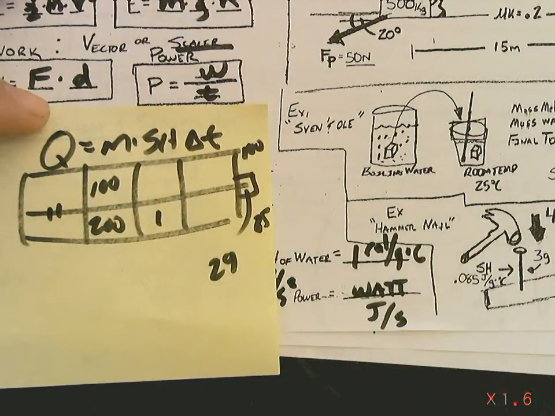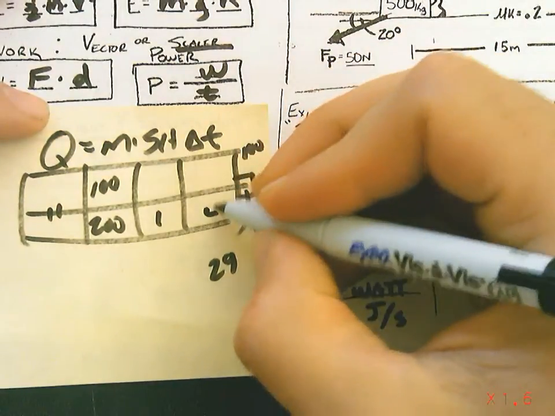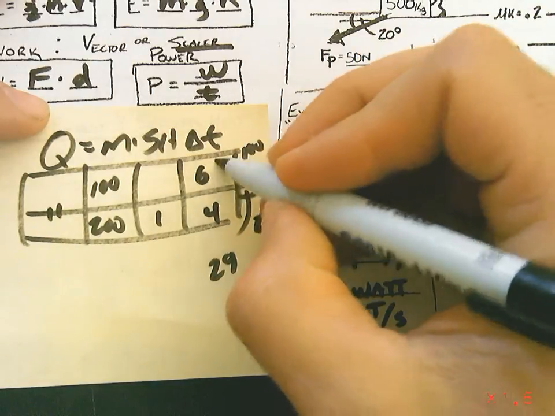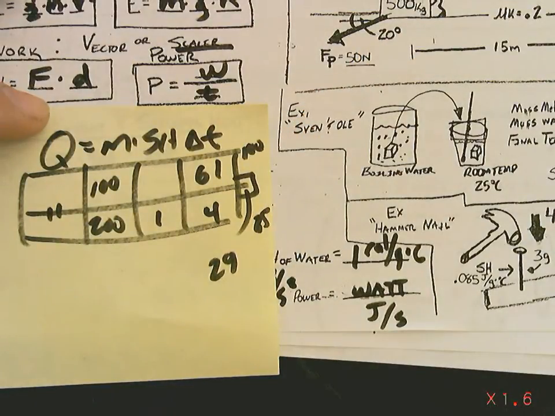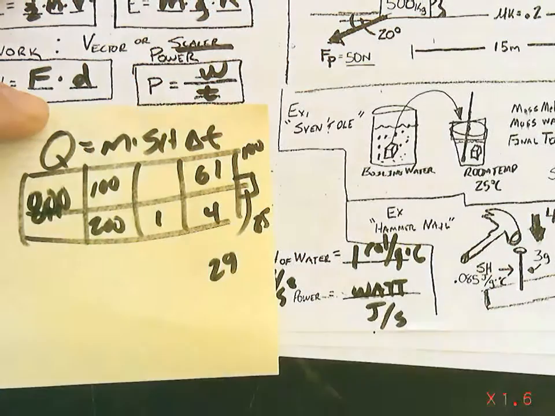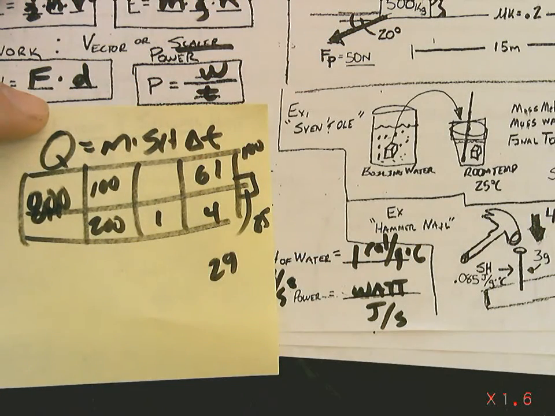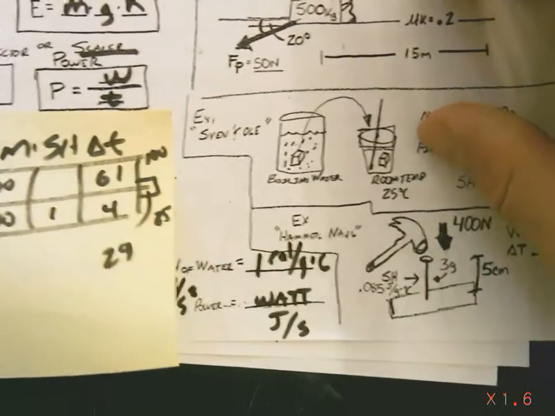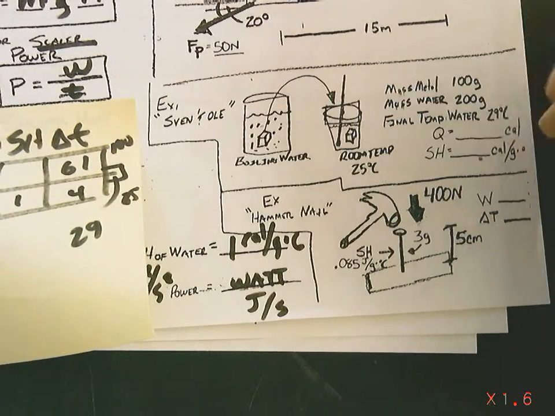So if we go 4 here and 61 here, 200 times 4 is 800. So 800 both ways. 800 divided by 100 divided by 61. That gives me my specific heat of 0.13.